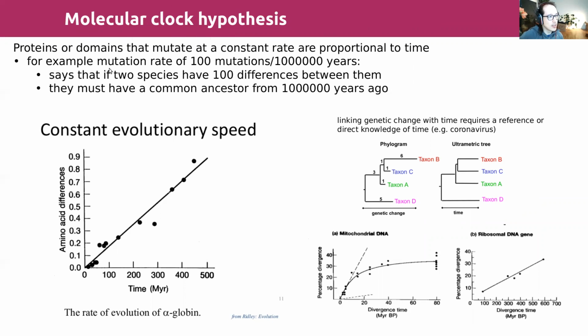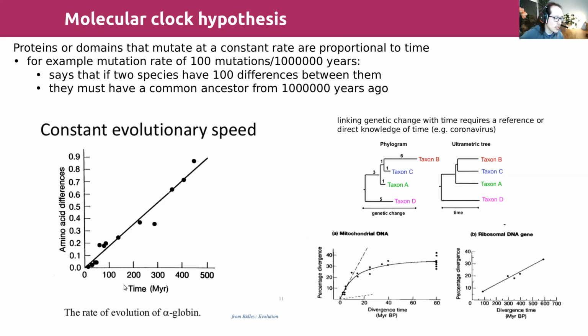The idea is basically that for a mutation rate of, for example, 100 mutations per million years, if you have 2 species that have 100 differences between them, then from that we infer that there was a common ancestor approximately 1 million years ago.